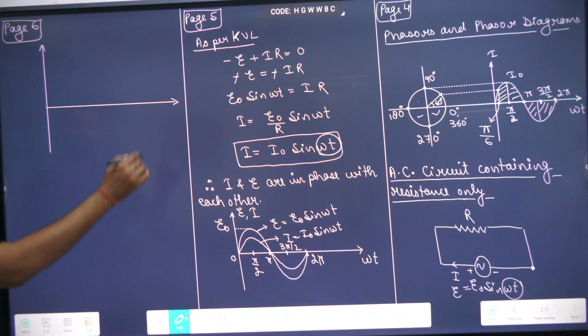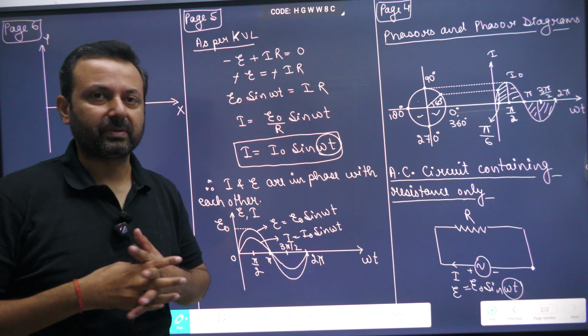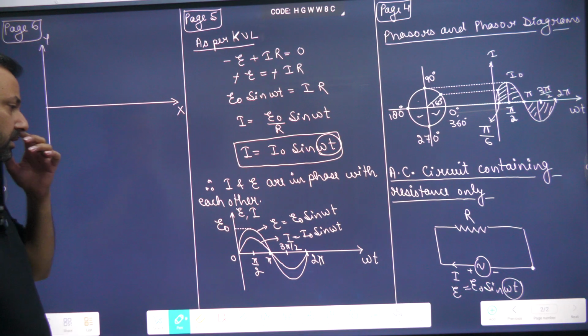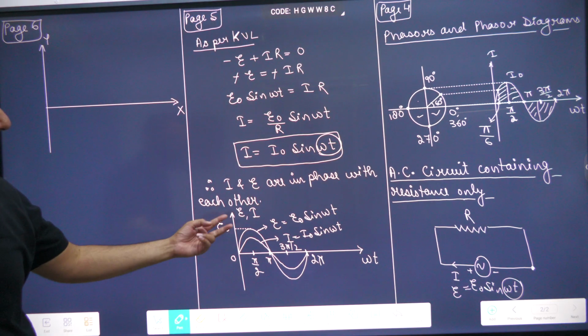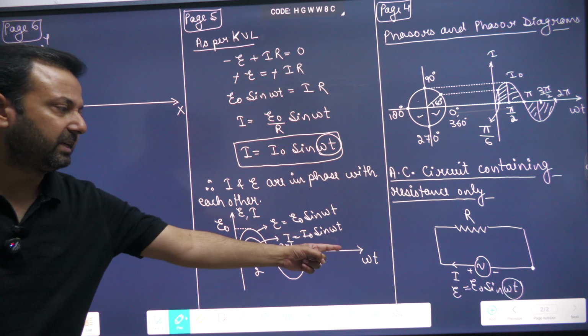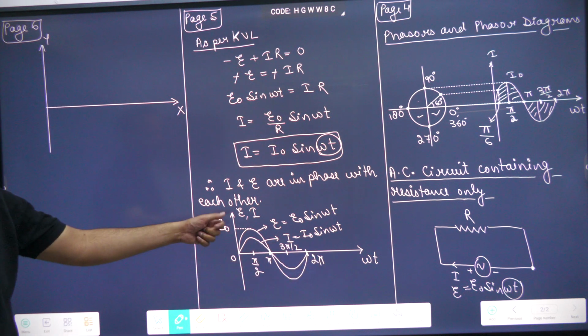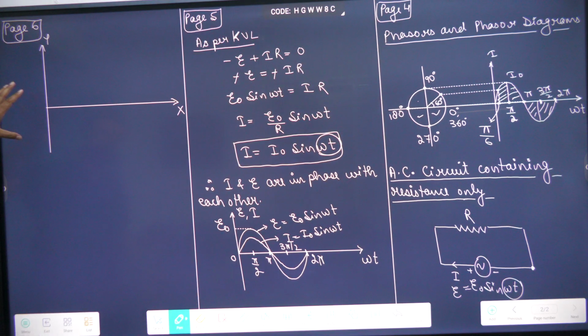Now this is the x-axis and this is the y-axis. Whenever they ask us to draw a phasor diagram, we always draw the x-axis and y-axis. Whenever they ask to draw a graph between E and I and omega t, then we take omega t on the x-axis and E, I on the y-axis. For a phasor diagram we simply take x on the x-axis and y on the y-axis.